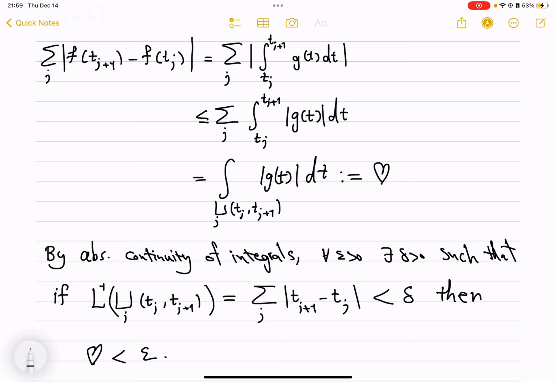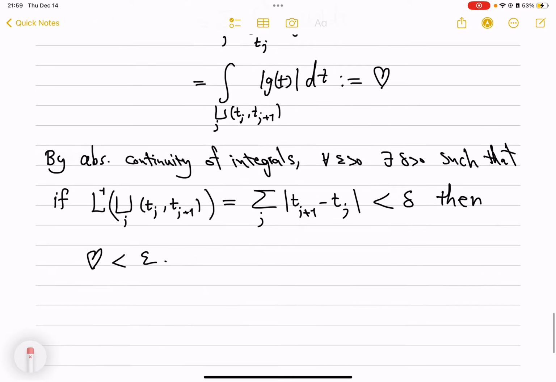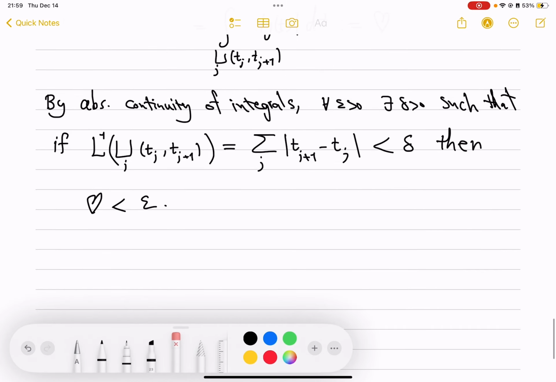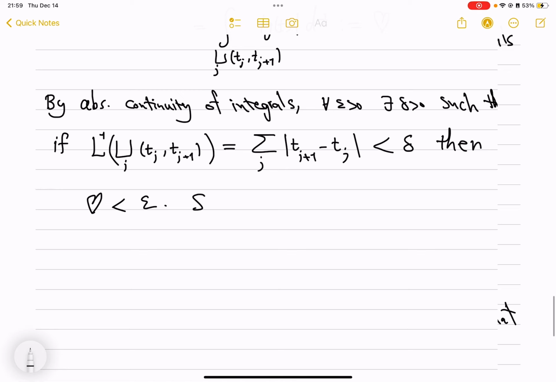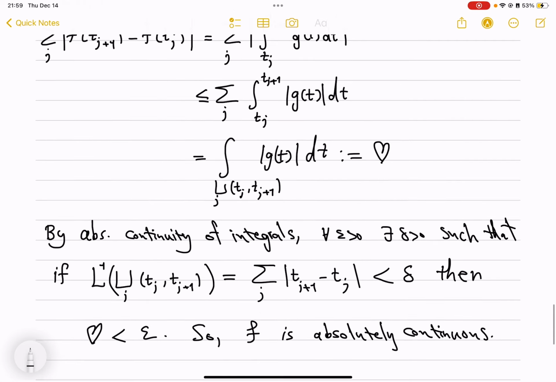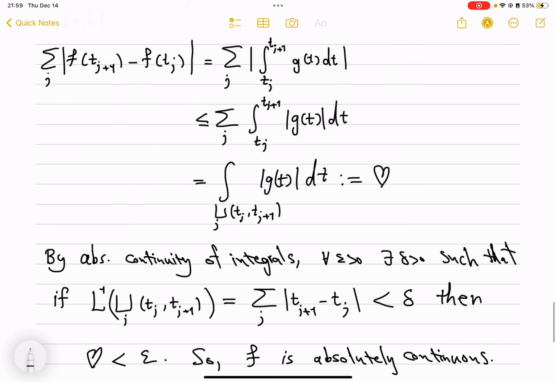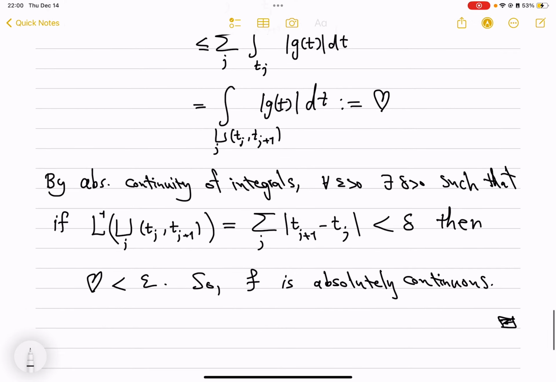We just showed that if this summation is less than delta, then this summation of values will be less than epsilon, no matter where you take these non-overlapping intervals, which by definition means the function f is absolutely continuous in the sense of functions. Right, this f is absolutely continuous because this inequality is for f values. And that completes the reverse side of this.